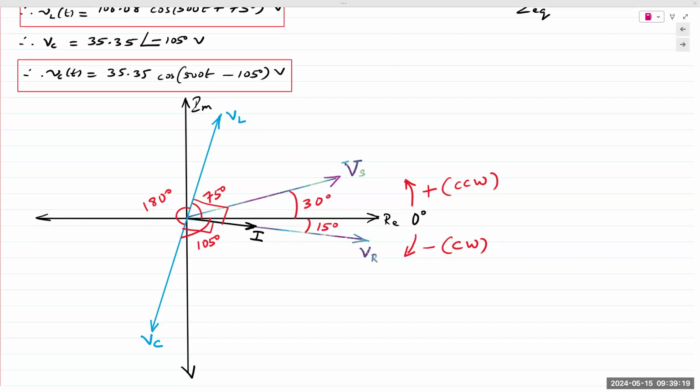Any questions? Does the approach make sense?